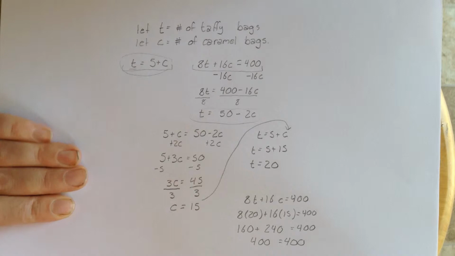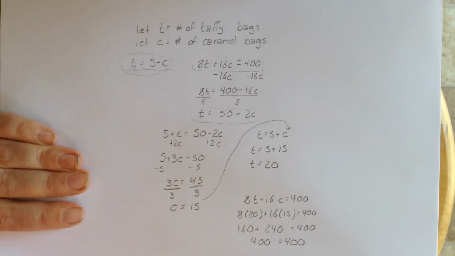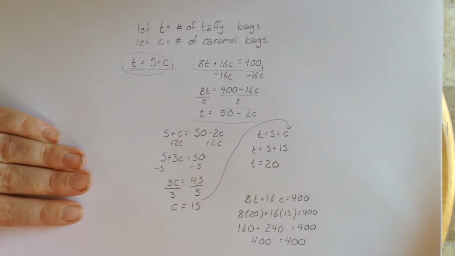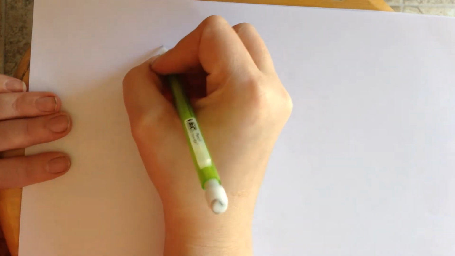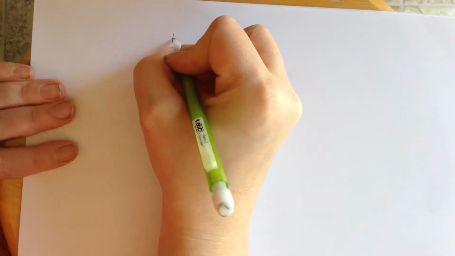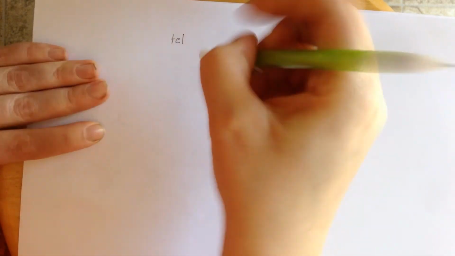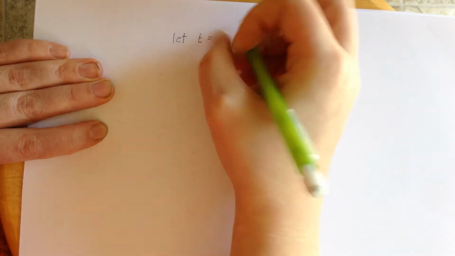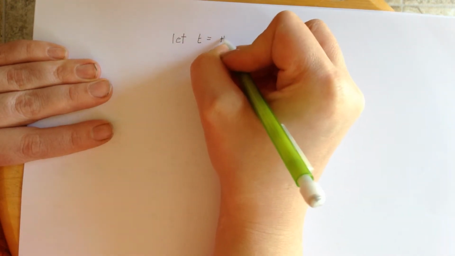But what a lot of you guys did was a slightly different method that's actually a shortcut, and that's called substitution method, and I want to look at that one. So, given those same two equations, if we say one more time, let t equal number of taffy bags.